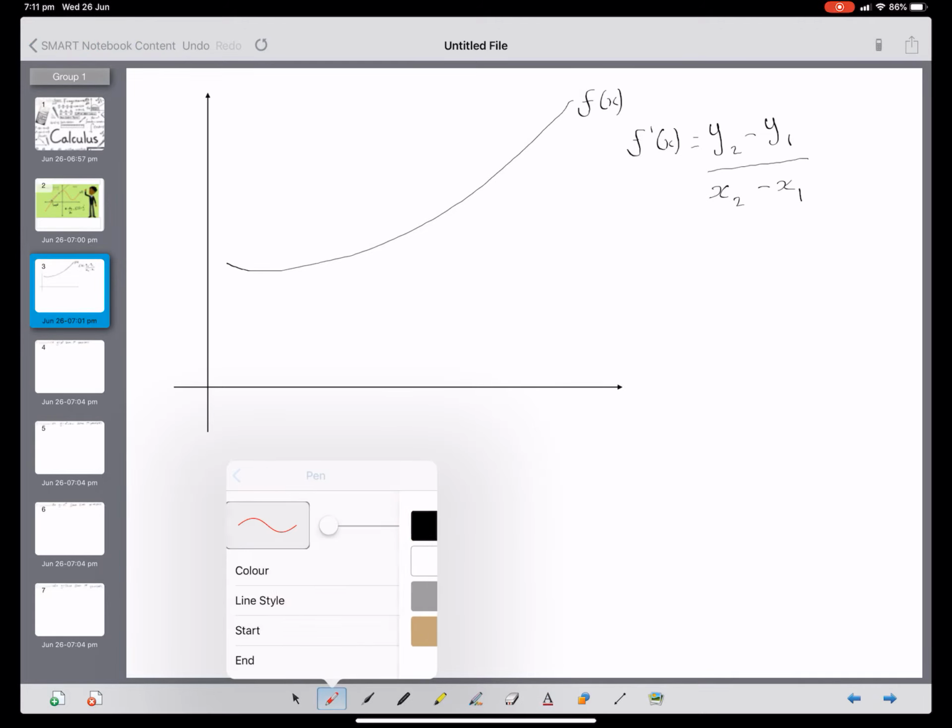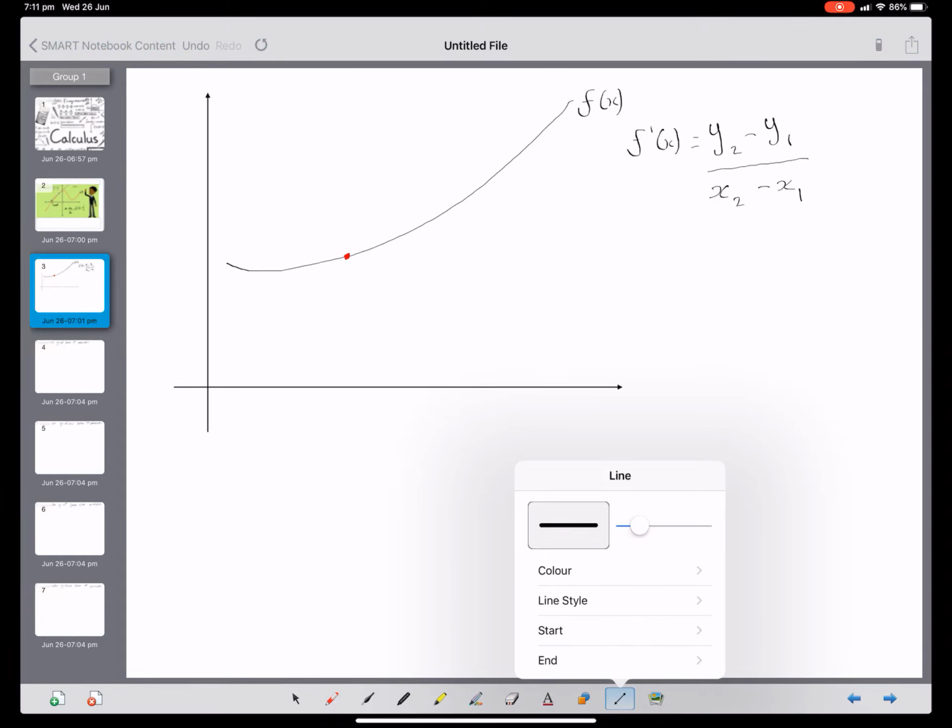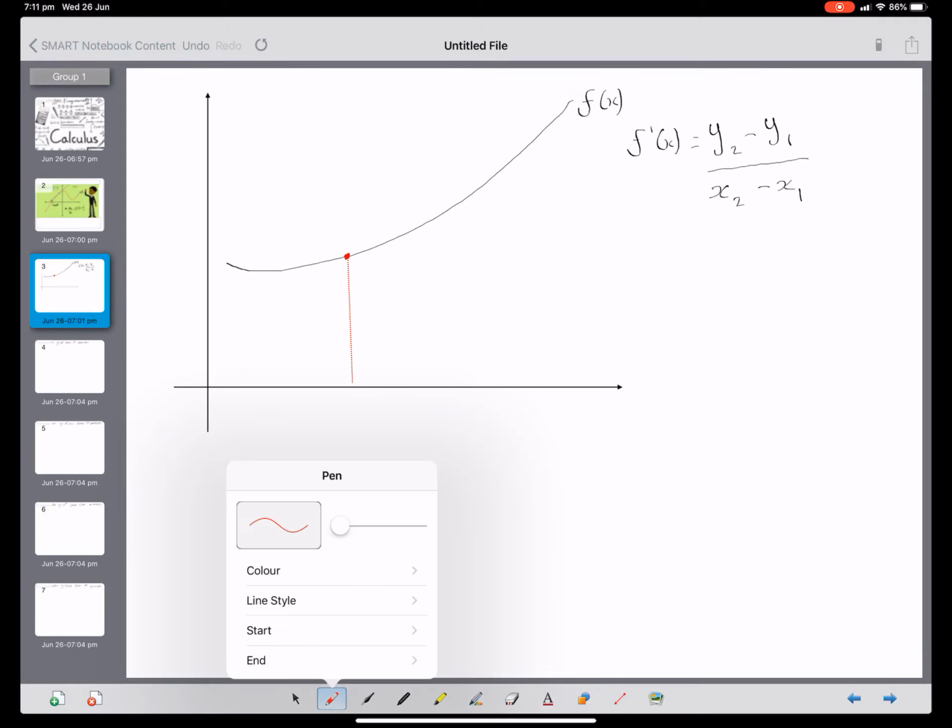So let's choose this point f of x. Okay, so we know that the x coordinate of this is going to be down here, and we call that just x. And if we go up to the curve, that is going to become f of x.